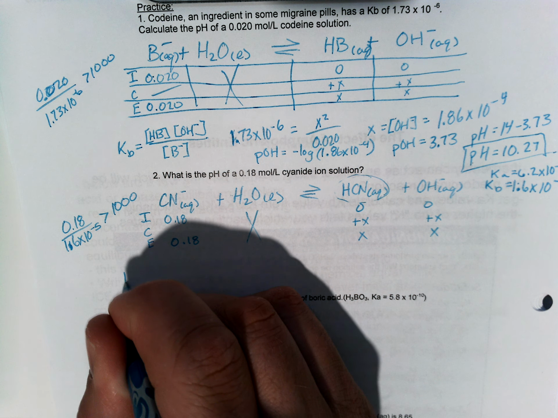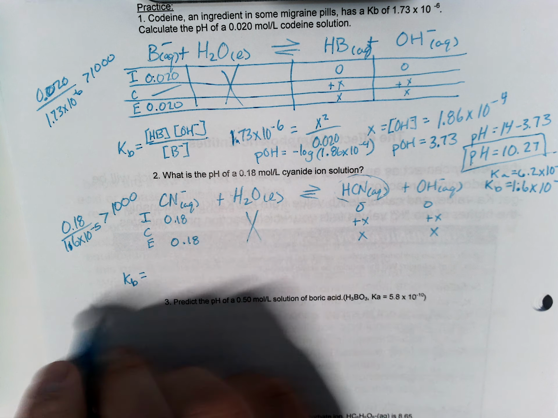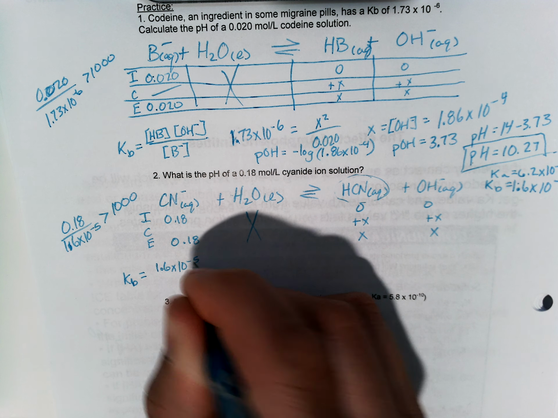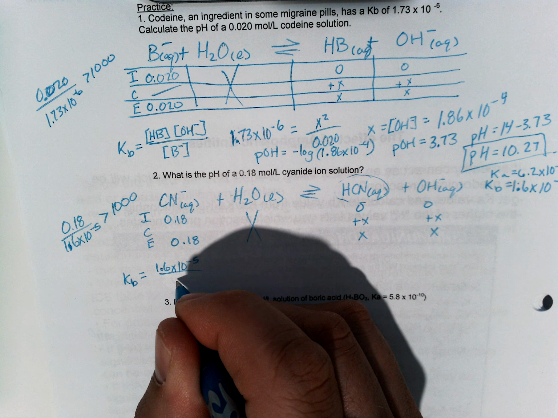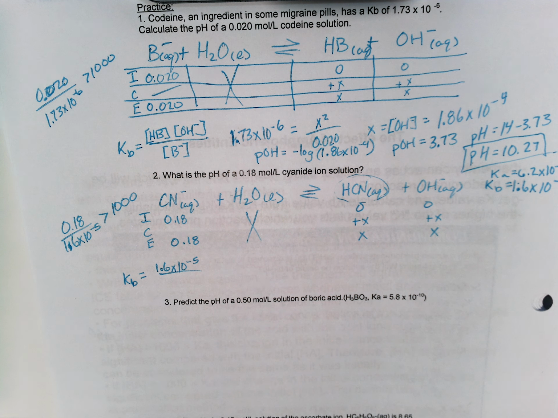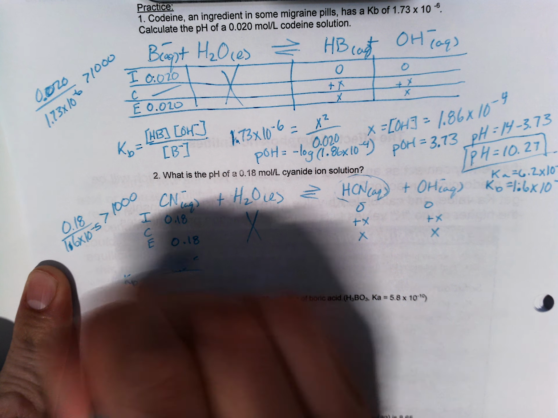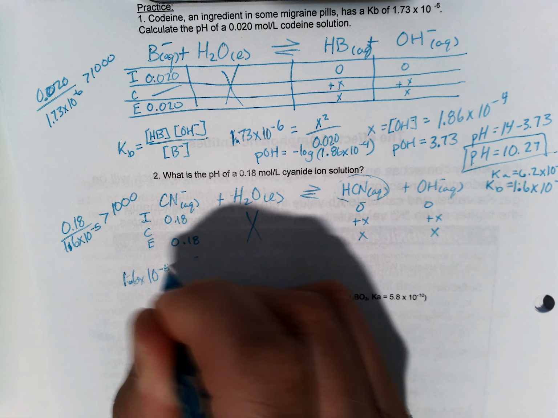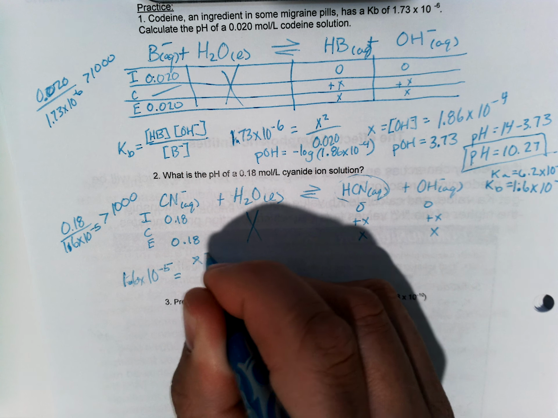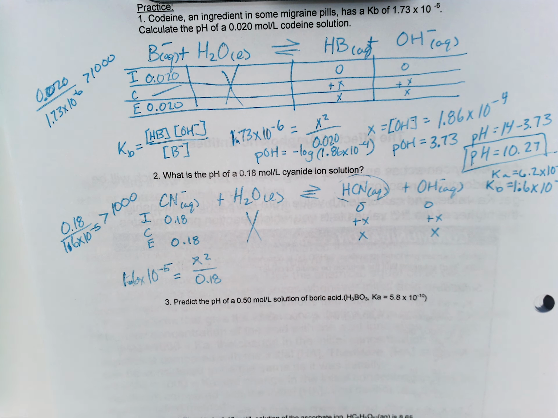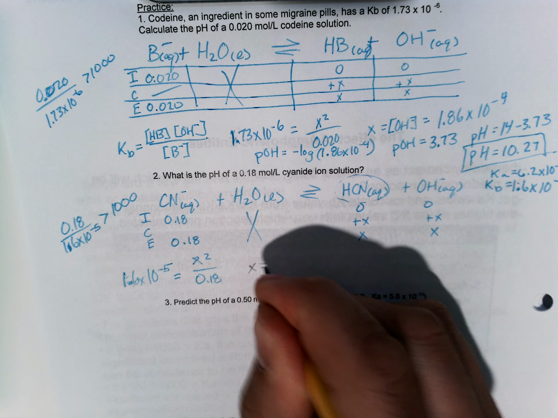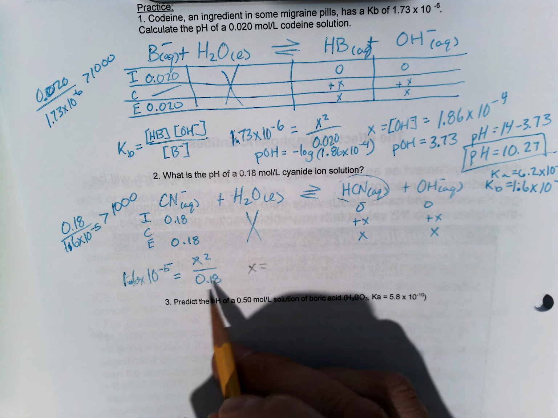So Kb, 1.6 times 10 to the minus 5, is equal to x squared over 0.18. Okay, and pen ran out of ink, so we got a pencil now. But x is going to equal the square root of 1.6 times 10 to the minus 5 times 0.18.